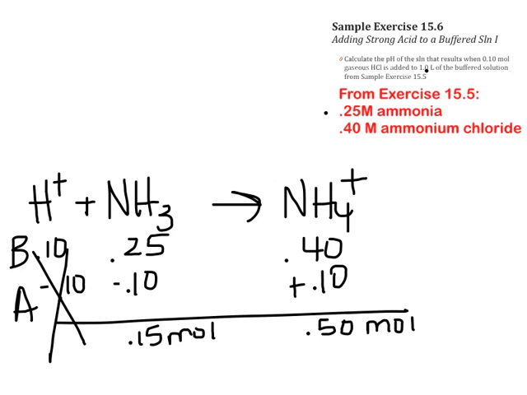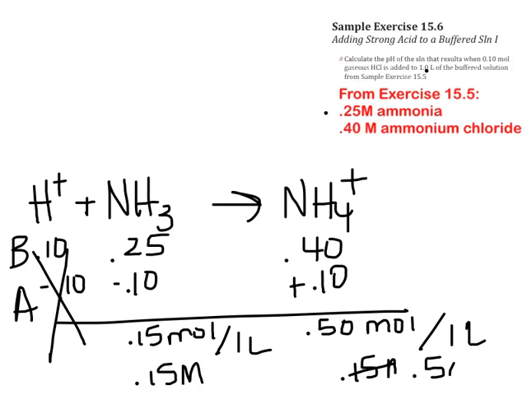If I divide by the total volume, which is 1 liter, then the concentration of this is 0.15 molar, and this one is 0.50 molar. So your next step is to use Henderson-Hasselbalch.